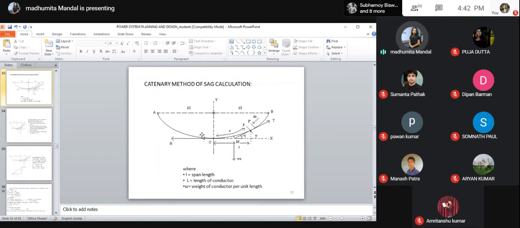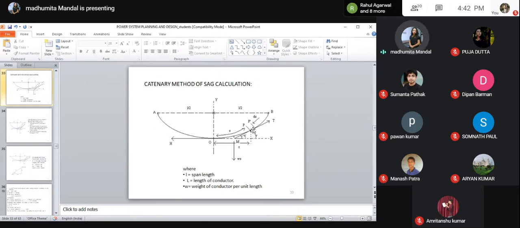That means the total weight of the conductor will be w into capital L, and the lowest point is O. Now assume another point P at a distance of S from O, that is OP is equal to S.